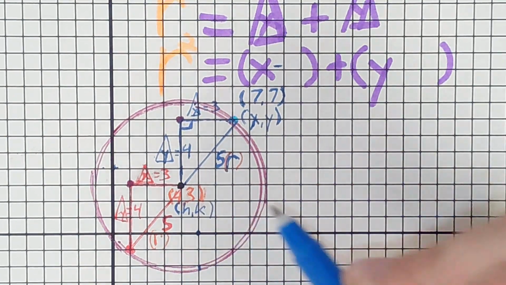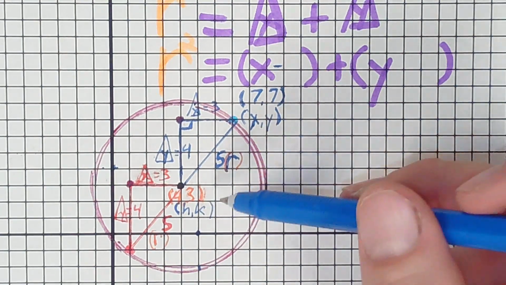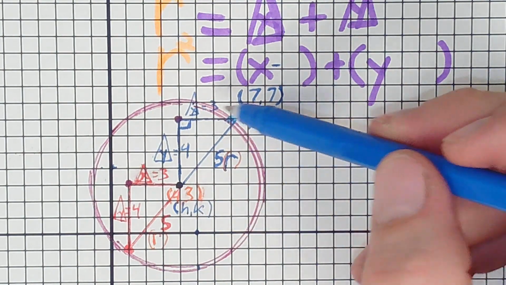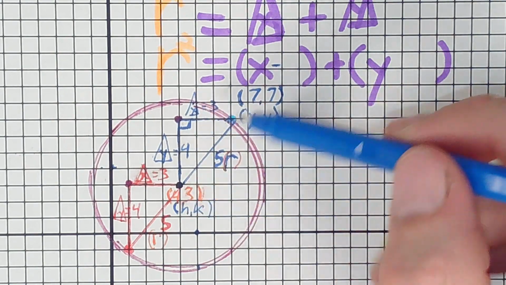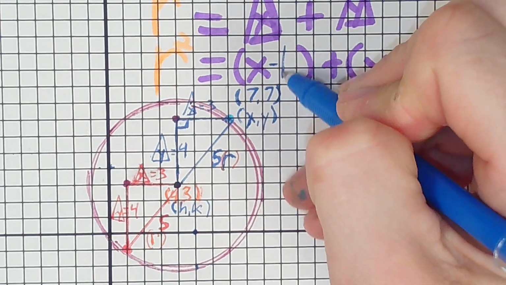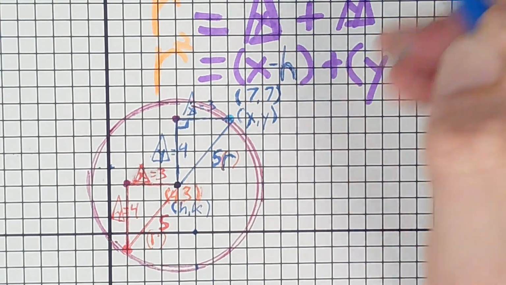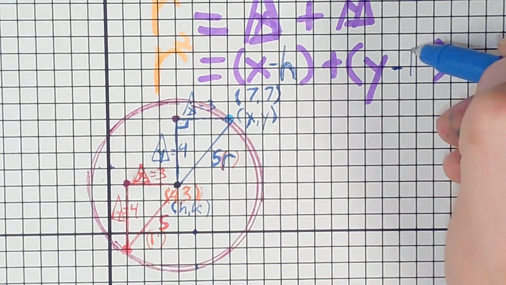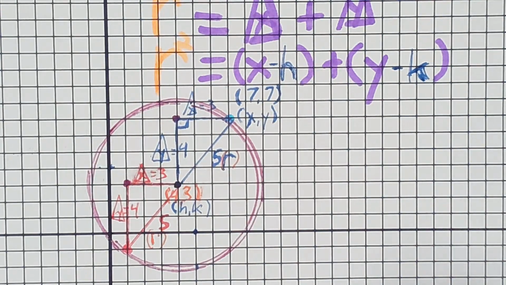So my delta x is going to be x minus h, my x value for my center point. And then delta y is going to be y minus k, which is my y value for my center point. Okay, so that is that.